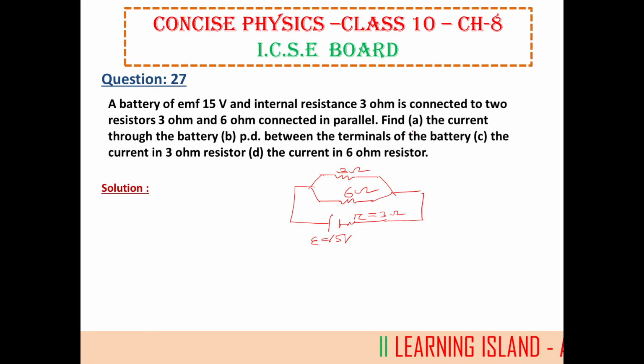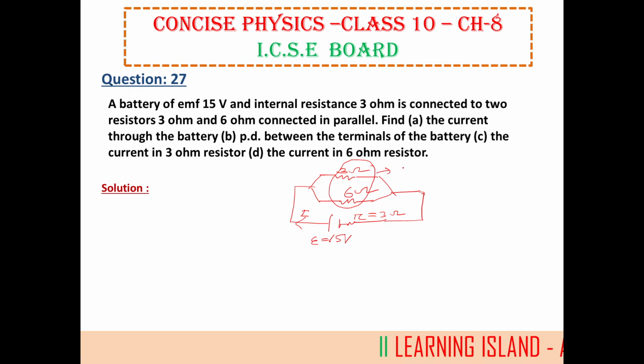In part A, it has been asked: what is the current flowing through the battery? Let the current flowing through the battery be I. To find the current, we will have to find the total equivalent resistance of the circuit. These two resistances are connected in parallel.